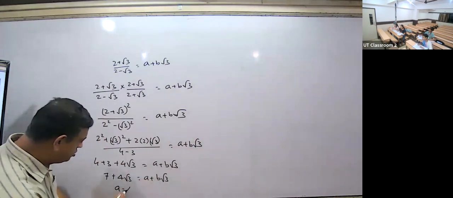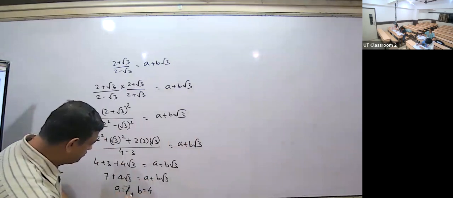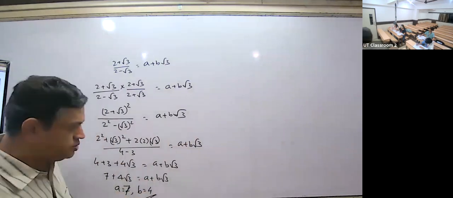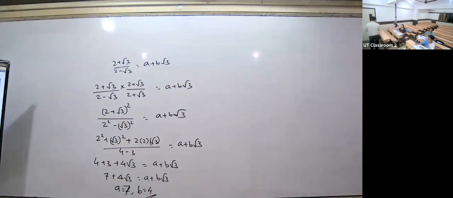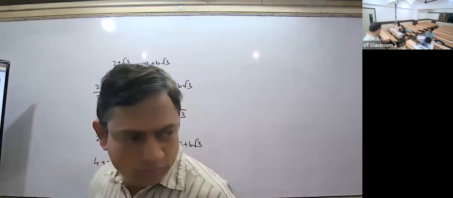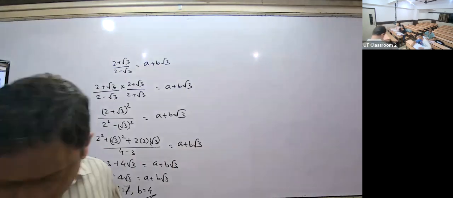A is equal to 7. B is equal to 4. Check the steps. Yes or no? Yes, sir.